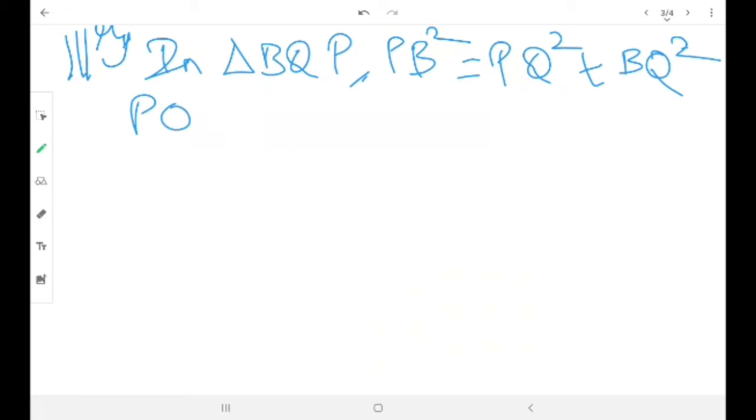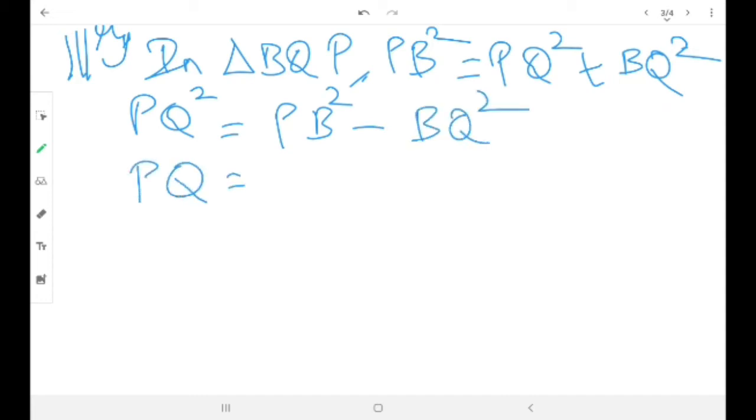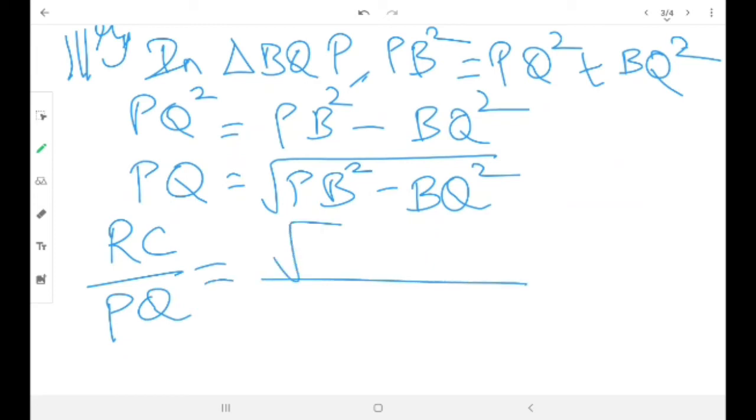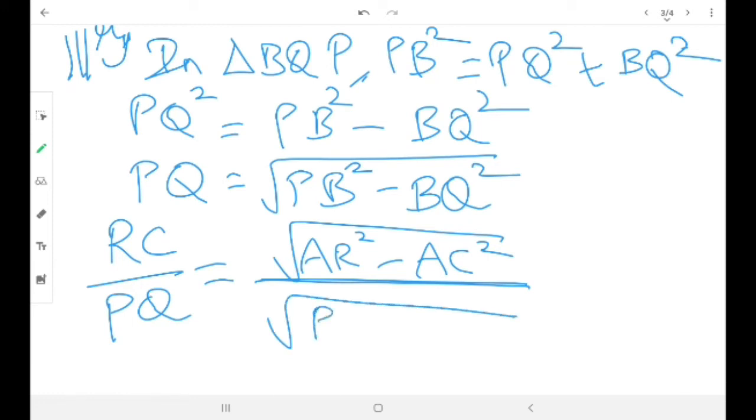That is, PQ square is equal to PB square minus BQ square. That is, PQ is equal to root of PB square minus BQ square. Now we have to find RC by PQ, which is equal to root of AR square minus AC square by root of PB square minus BQ square.